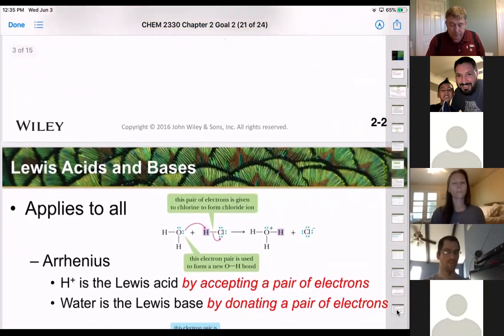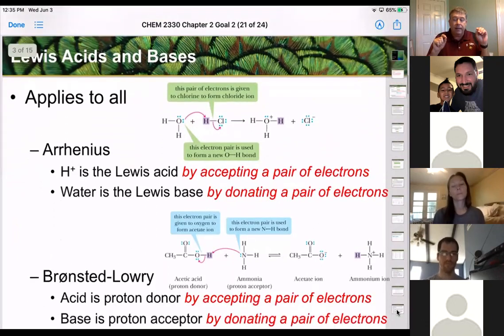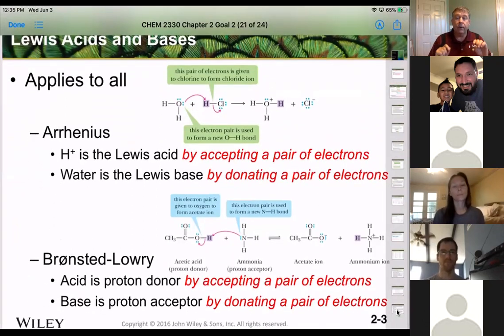So, as I said before, the Arrhenius still falls under the Lewis acid because the proton, the hydrogen with no electrons around it, is accepting a pair of electrons to make the new covalent bond. And the water is the base because it's donating electrons, okay? Because Arrhenius has to have water to completely ionize the acid, okay?